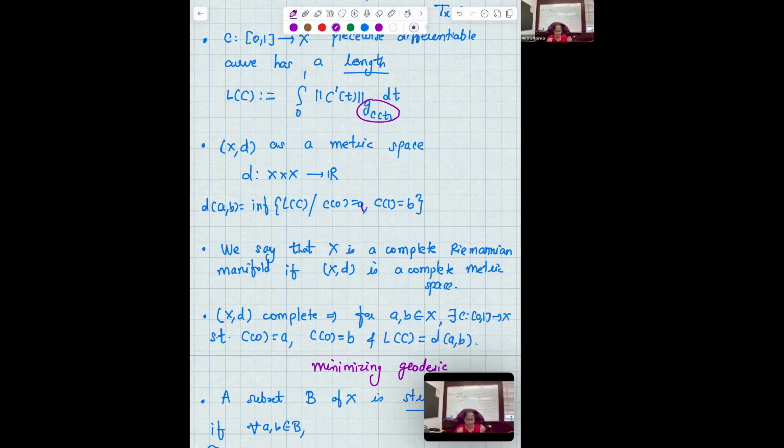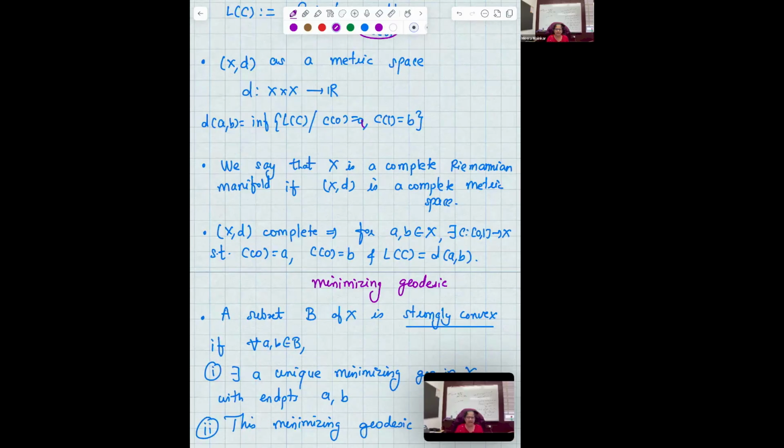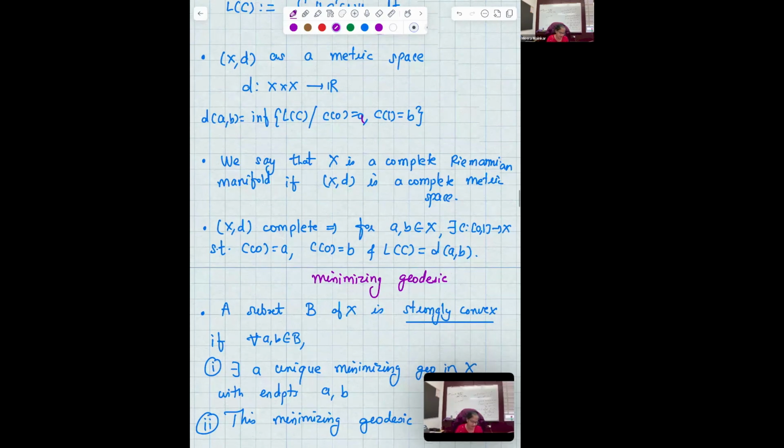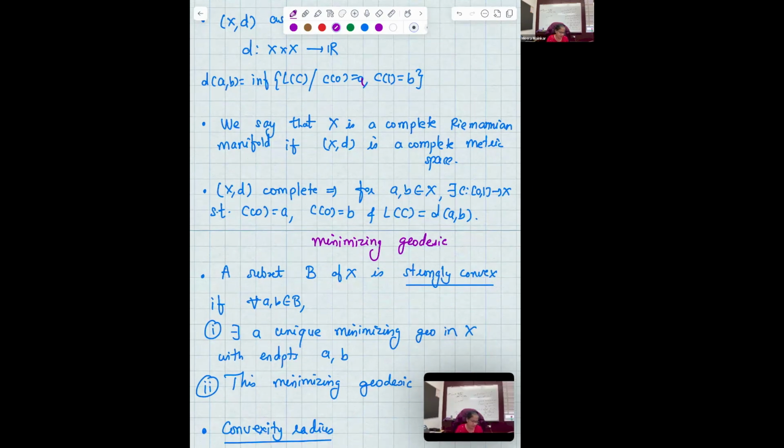That is the distance between the points A and B. And we say that X is a complete Riemannian manifold if with respect to this distance it is a complete metric space. And then there are some other equivalent conditions, and there are a lot of theorems.